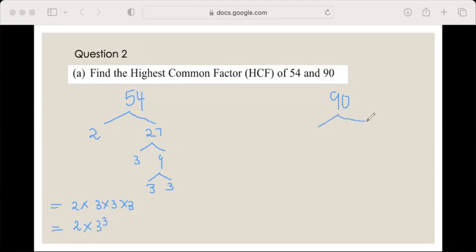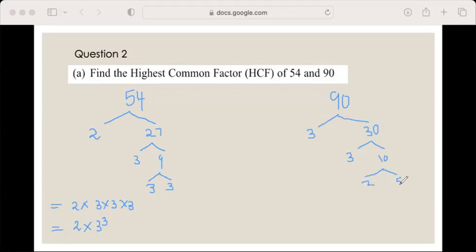Right. Now 90. So there are plenty of different factors of 90. One is we can say, okay, 3 times 30 is 90. So 30, also we can arrive at 3 times 10. And 10 is 2 times 5.